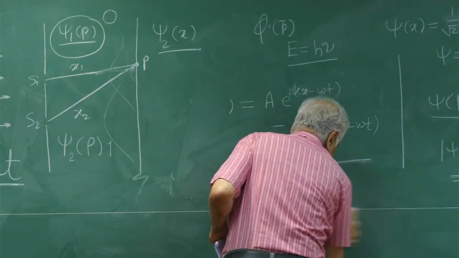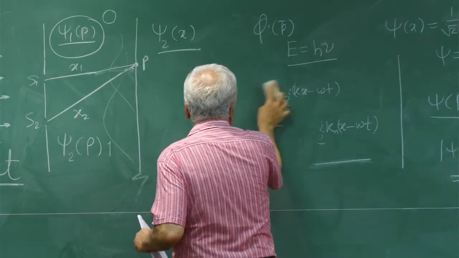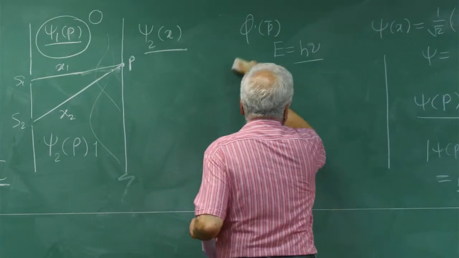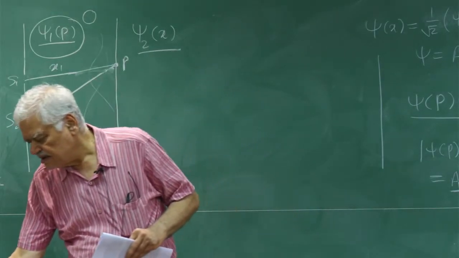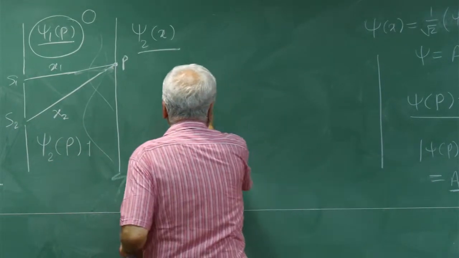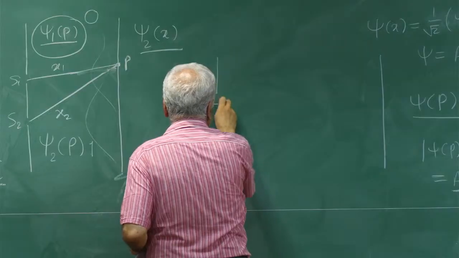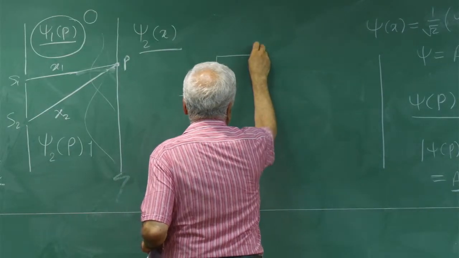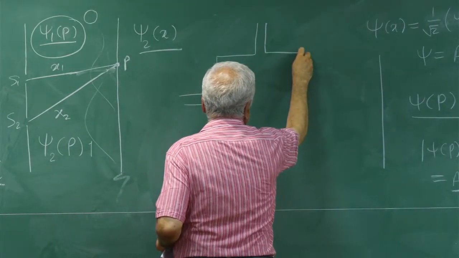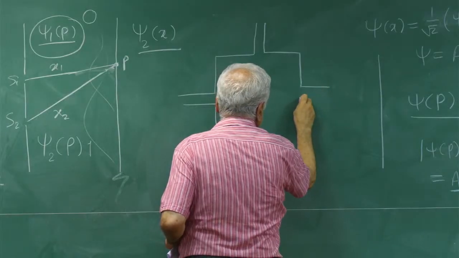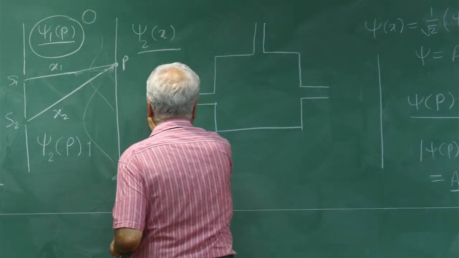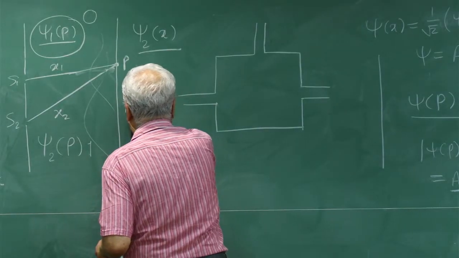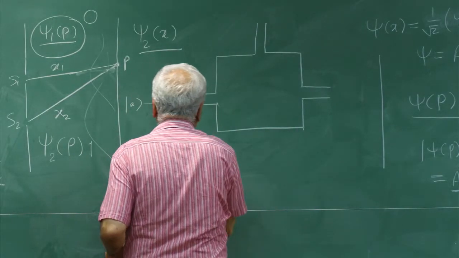We are interested basically in an observable having only two eigenvalues and two eigenstates. So let me stick to that, and it's easy. Here is some arbitrary state.